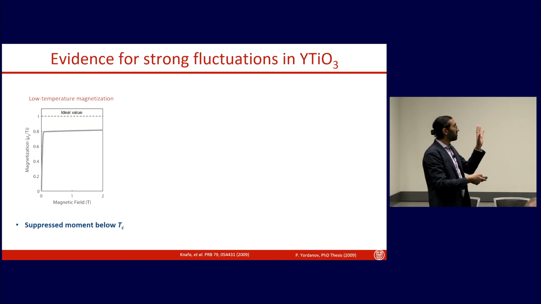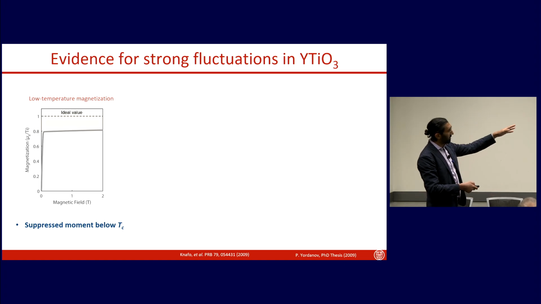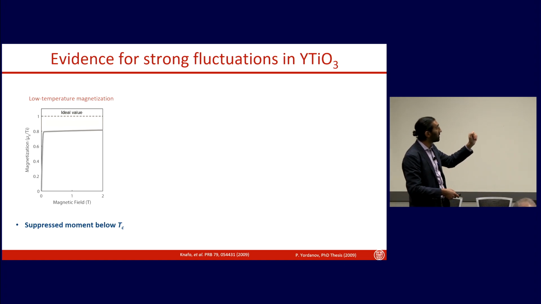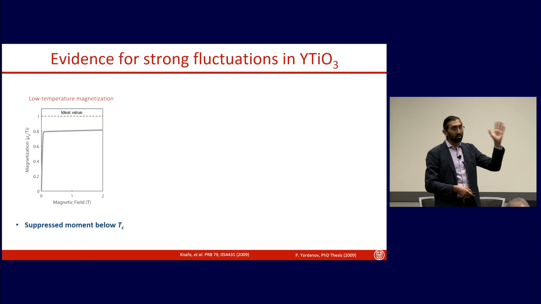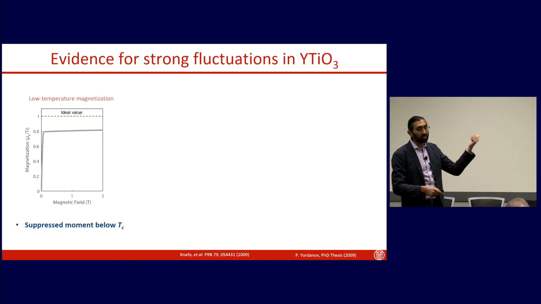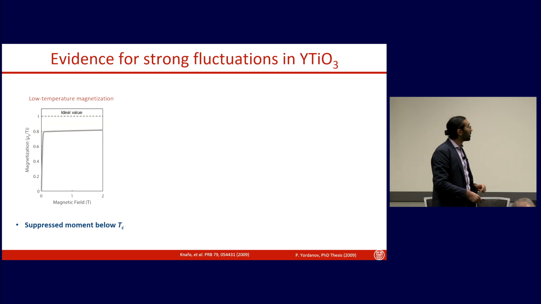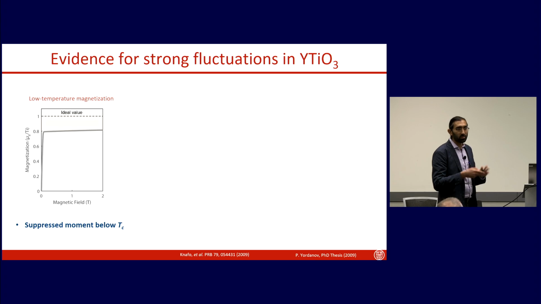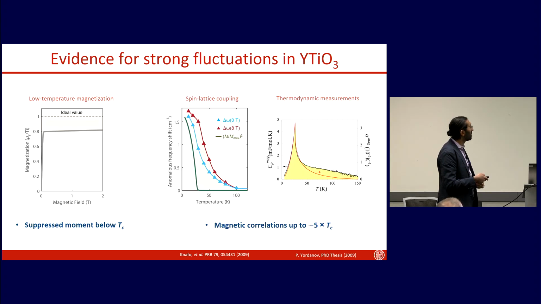Another couple of observations are that at very low temperatures, so this is at 4 Kelvin, and also at very high magnetic fields, this is 2 Tesla, but it goes all the way out to 7 Tesla, you end up saturating the magnetic moment significantly below what the ideal spin 1/2 value would be, about 20% less. And this cannot really be explained at all by canting or by spin orbit effects. It's something that is perhaps associated with the fluctuations that I talked about before.